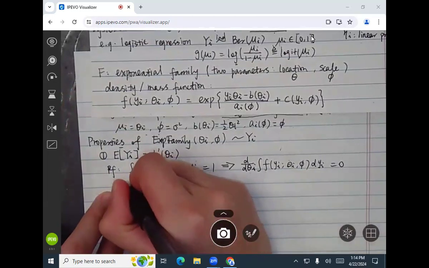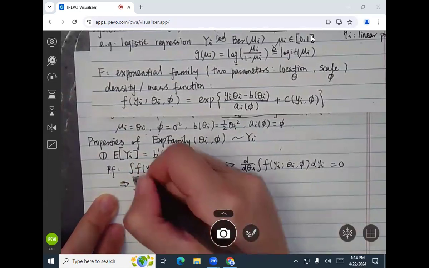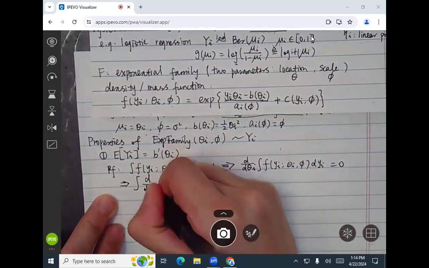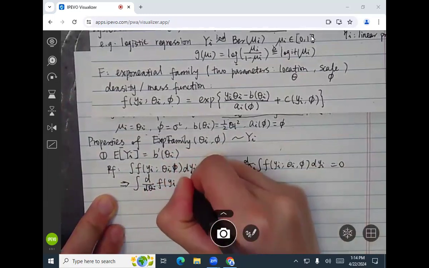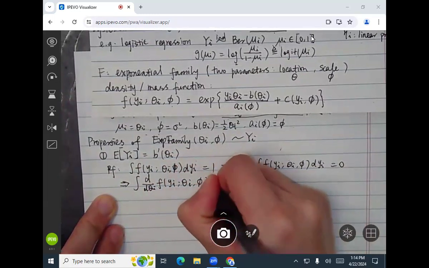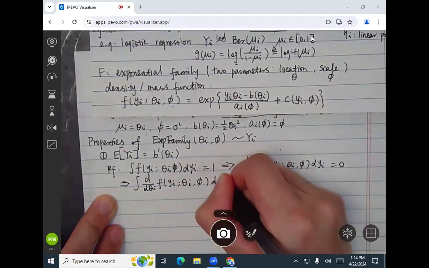And then we would have the integral outside of d/d theta i of f(yi; theta i, phi) dyi.